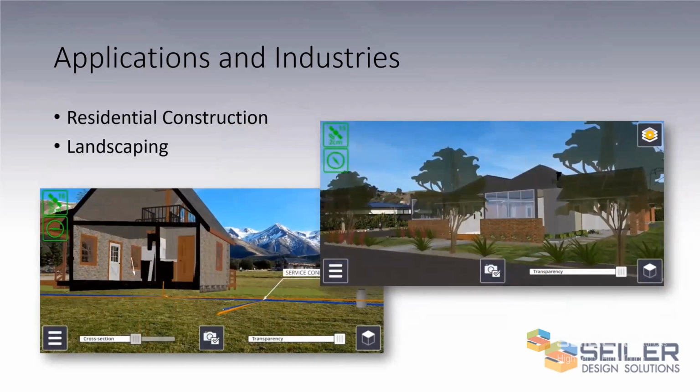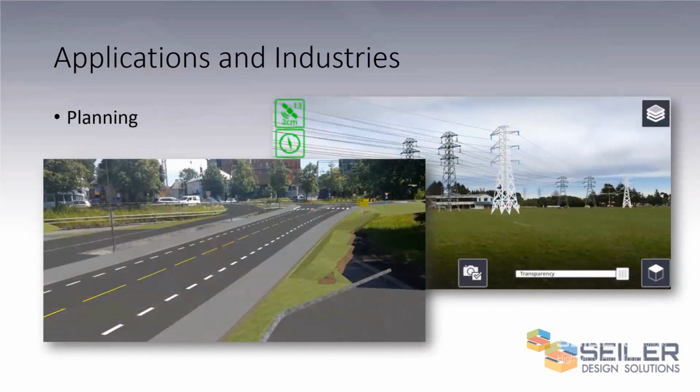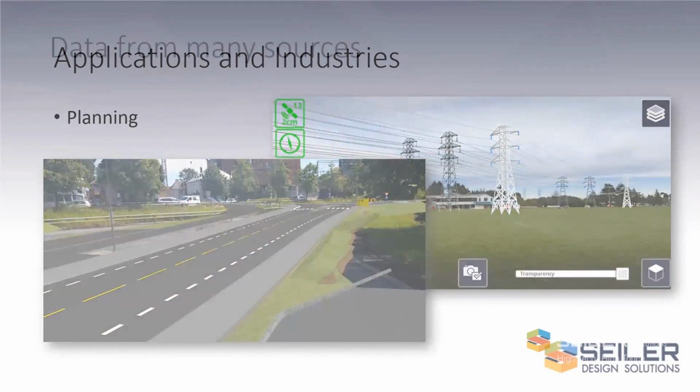It can be used in residential construction and landscaping, again, visualization of your design. And it can be used in urban and transportation planning and utility planning. See how your impacts of any potential designs would have on a site.